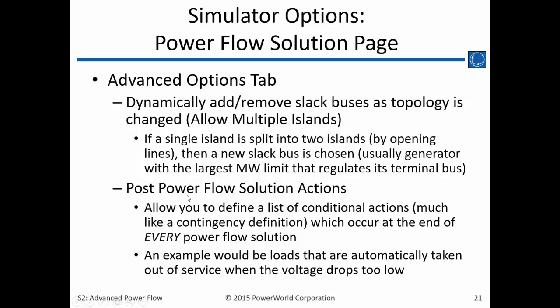There's also an option for the post-power flow solution actions, which allows you to define a list of conditional actions, much like a contingency definition, which occur at the end of every power flow solution.